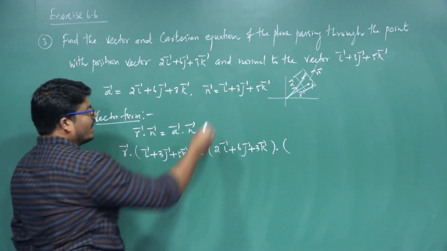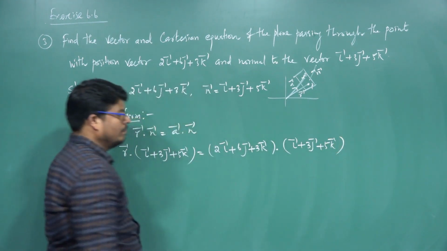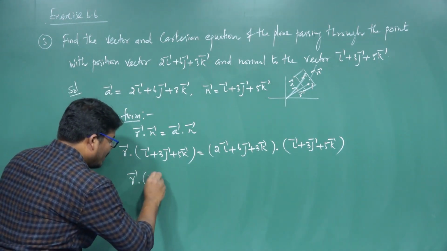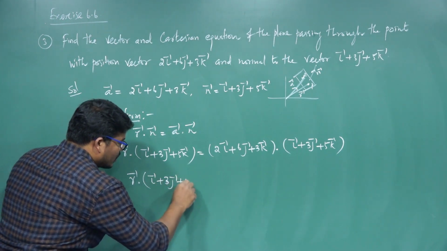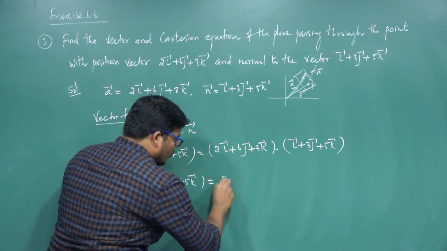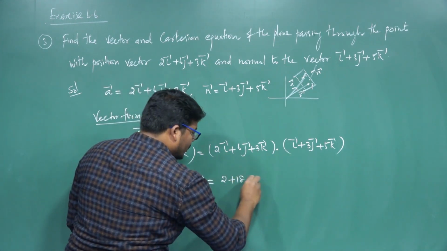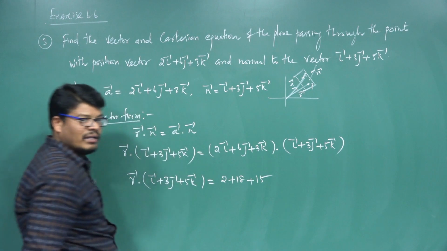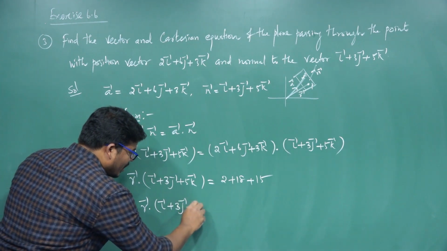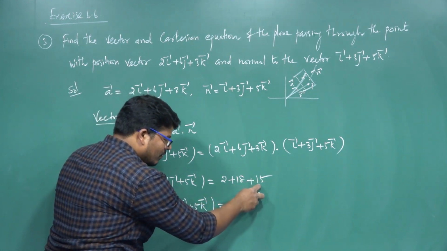Write r vector dot (i vector plus 3j vector plus 5k vector) equal to the dot product of the two vectors: 2 into 1 is 2, 6 into 3 is 18, plus 3 fives are 15. So r vector dot (i vector plus 3j vector plus 5k vector) equals 2 plus 18 is 20, plus 15 is 35.